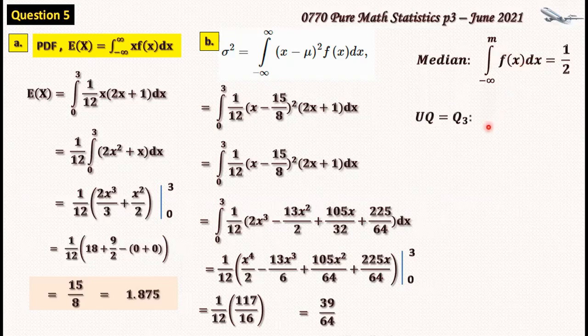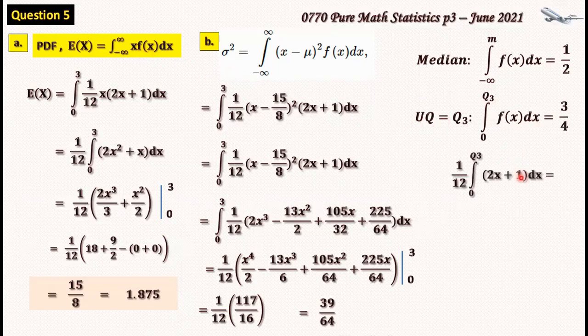So the upper quartile will be equal to Q3. The integral from 0 to Q3 of f of x dx should be equal to 3/4. So when we integrate, the integral of 2x plus 1 dx should be equal to 3/4. This gives us 1 over 12 into x squared plus x, with the integral boundaries from 0 to Q3.